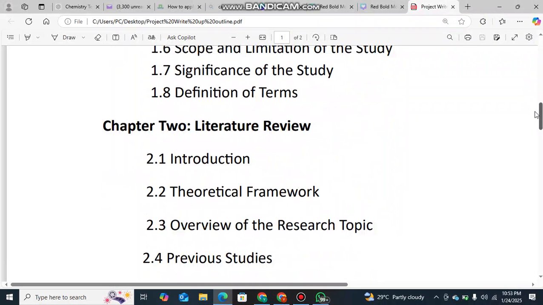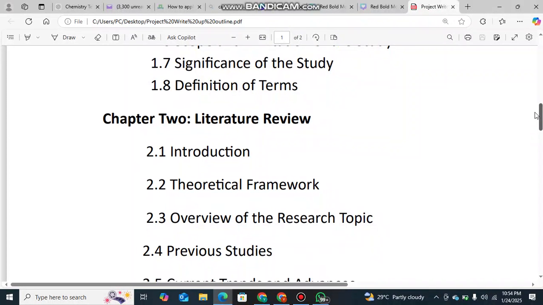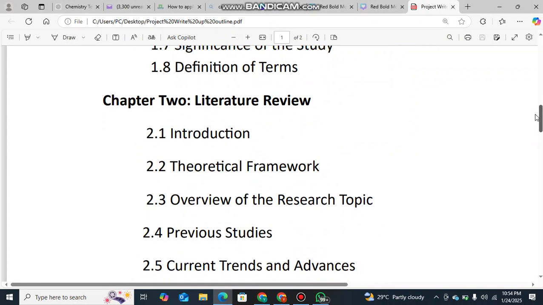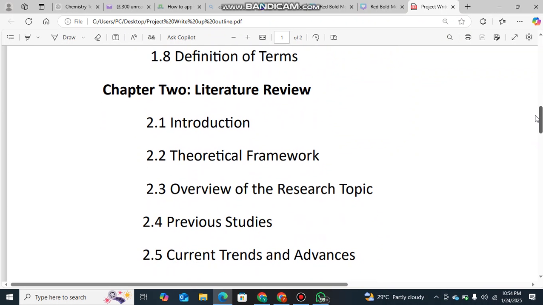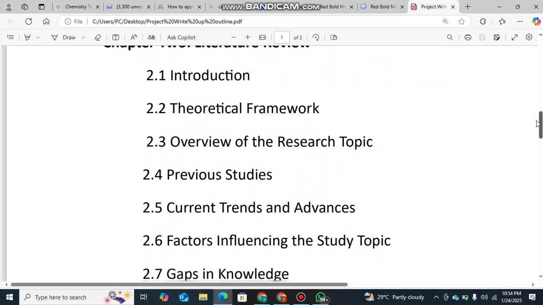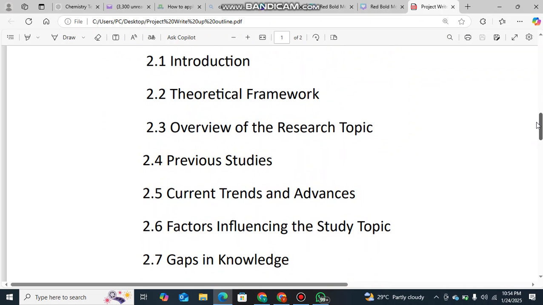Then you can move on to chapter 2, which is the literature review. Under the literature review, just like in chapter 1, you also have subsections. 2.1 is introduction. 2.2 is theoretical framework. 2.3 is overview of research topic. 2.4 is previous studies, and 2.5 is current trends and advances.